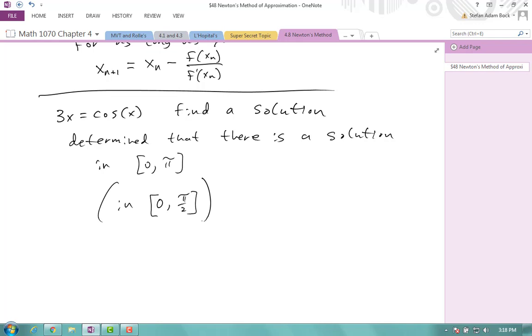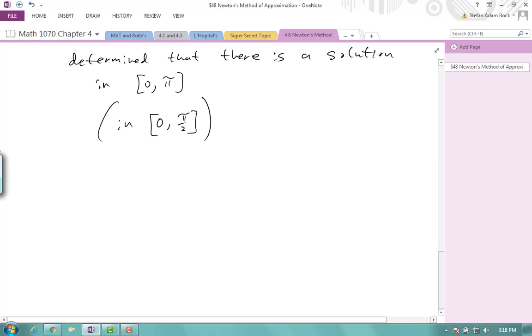Now we've got two choices. We could either plug in 0, or we could plug in pi over 2, because these are two numbers which are easily available to us. We could choose any number in the interval, but these are already written down. So I'm going to try to choose one which is closer to what the answer should be.